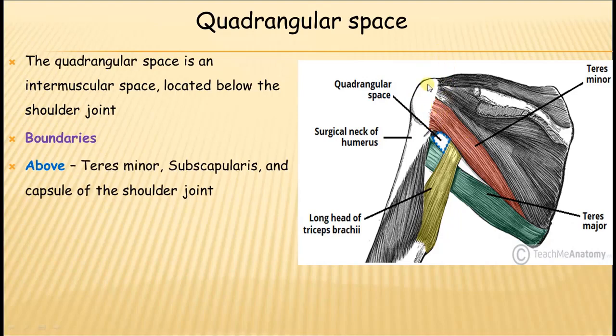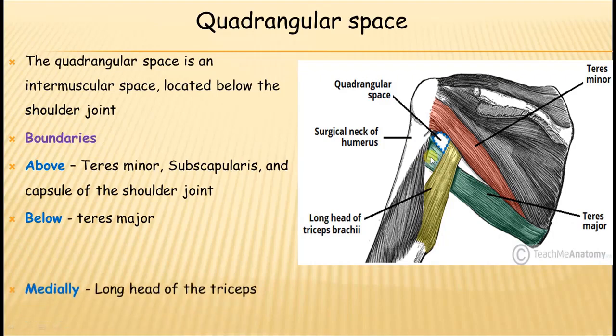Anteriorly, you see the subscapularis muscle, or the subscapularis on its way to insertion. In between these two, you have the capsule of the shoulder joint. Below, the lower boundary is mainly formed by the teres major muscle.